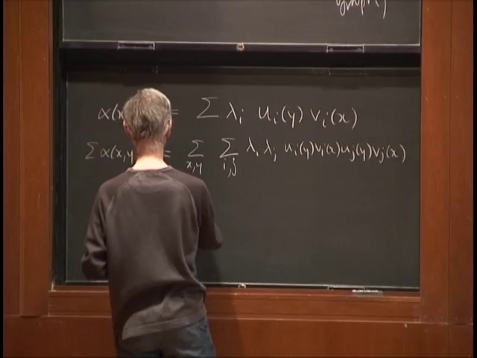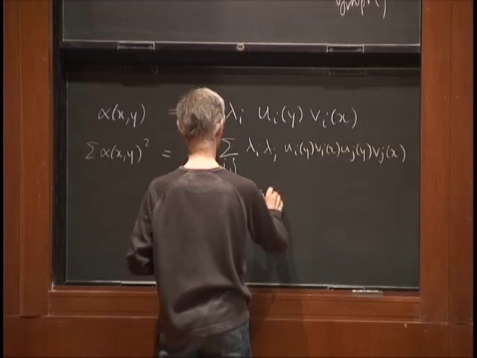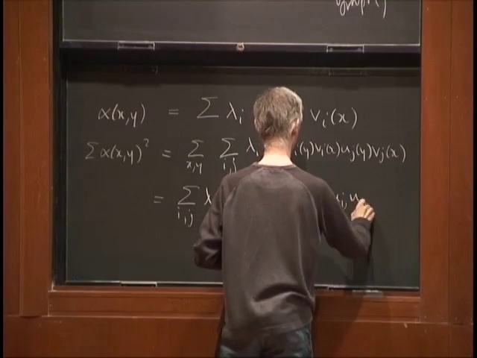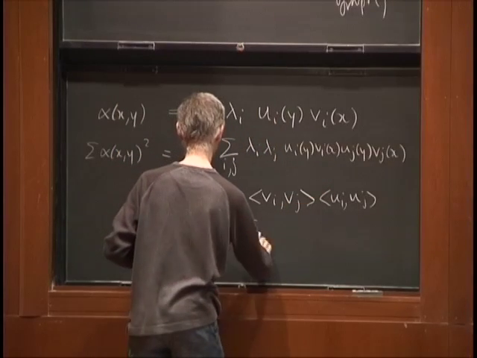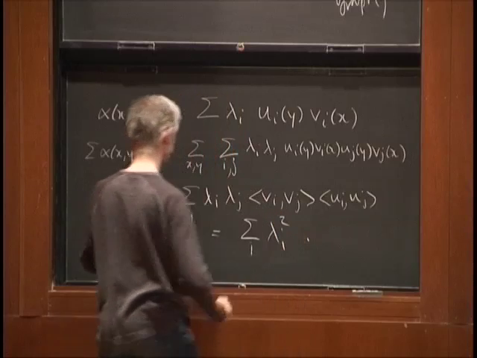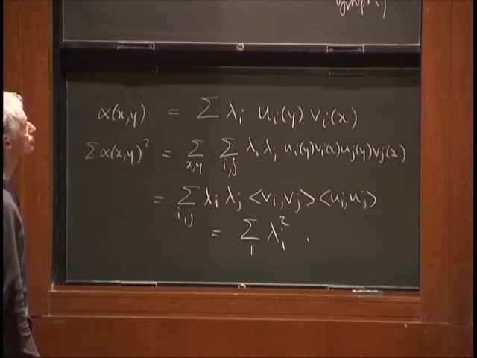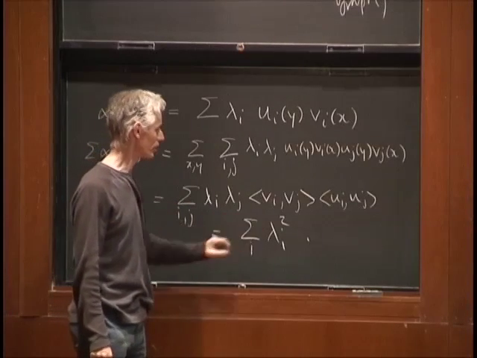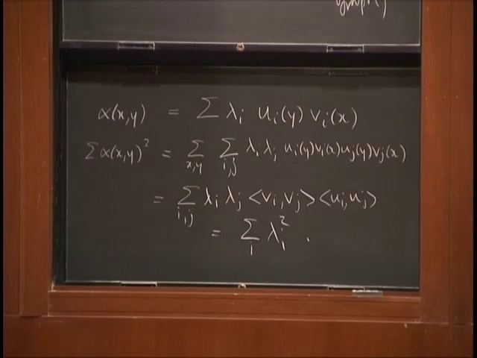So I end up with sum over ij of lambda i lambda j times the inner product of v_i and v_j times the inner product of u_i and u_j, and that's just a delta ij. That's another delta ij. So this is sum over i of lambda i squared. So as in the case of graphs or symmetric matrices, the sum of the squared eigenvalues is the Hilbert-Schmidt norm of the matrix, which, when the matrix is just zeros and ones, tells you how many ones there are.